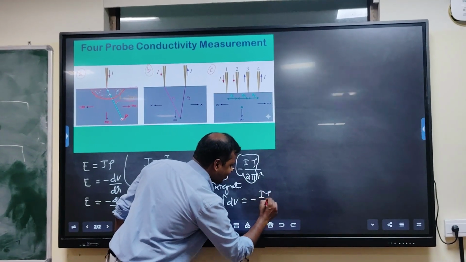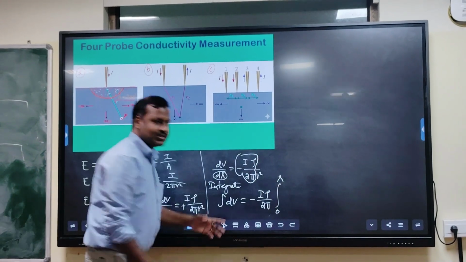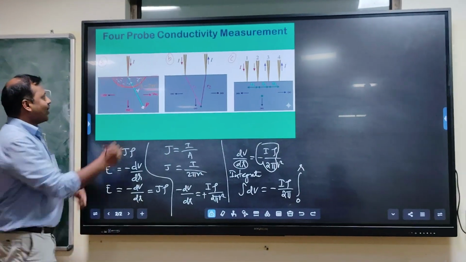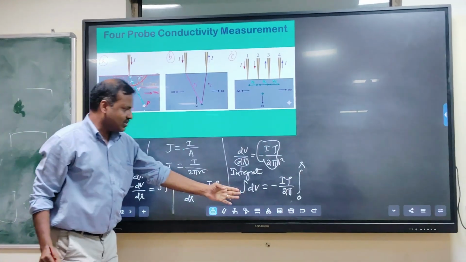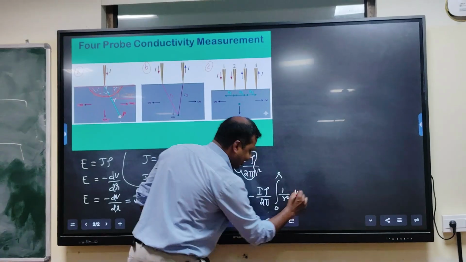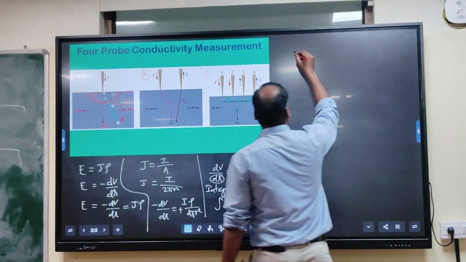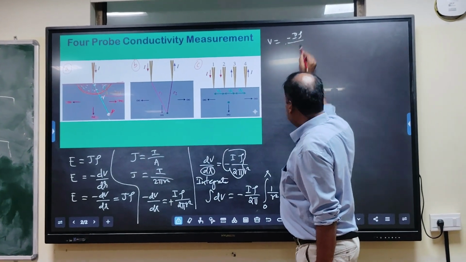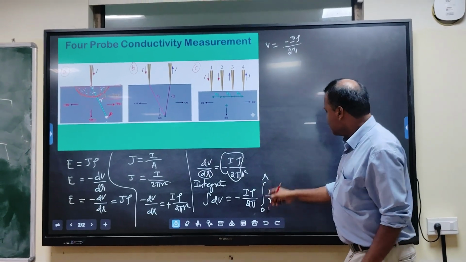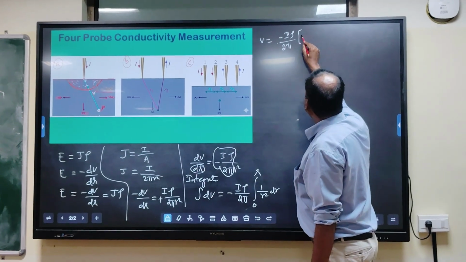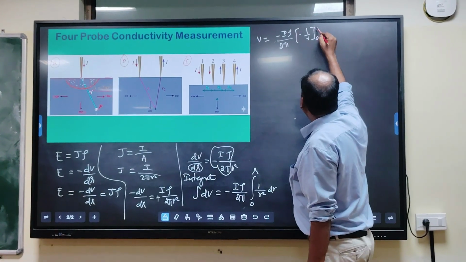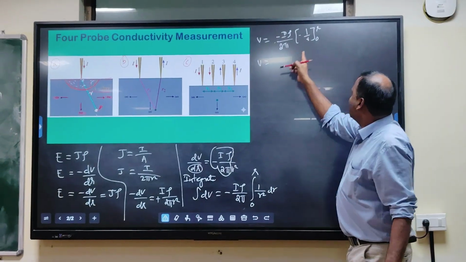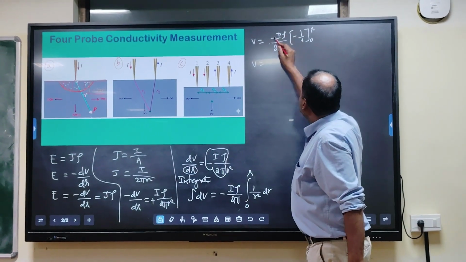I will write it as minus I rho by 2 pi, integrated from 0 to R, of 1 by r square dr, because at this point I want the voltage, and the distance is R. Integrating, V is equal to minus I rho by 2 pi times minus 1 by R. Substituting the limits, this minus and this minus become plus.